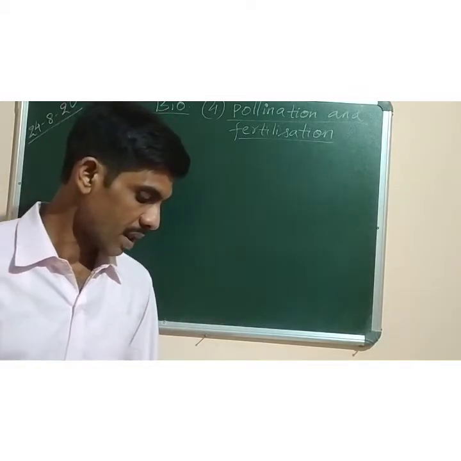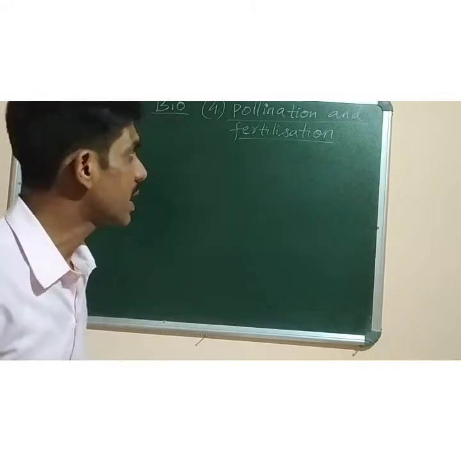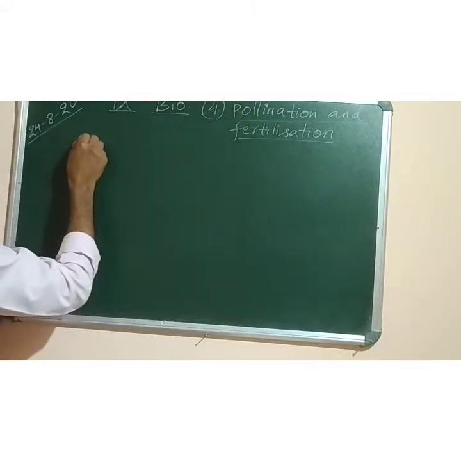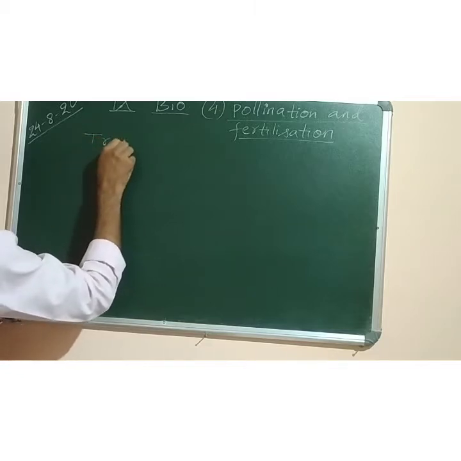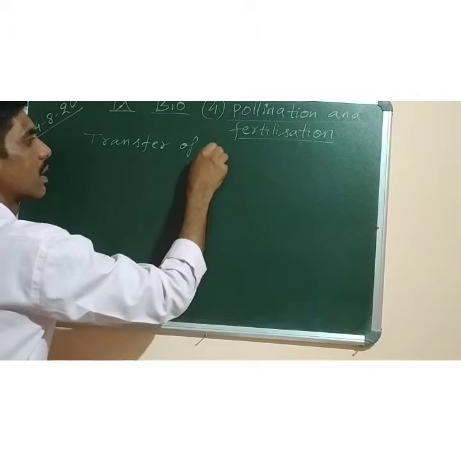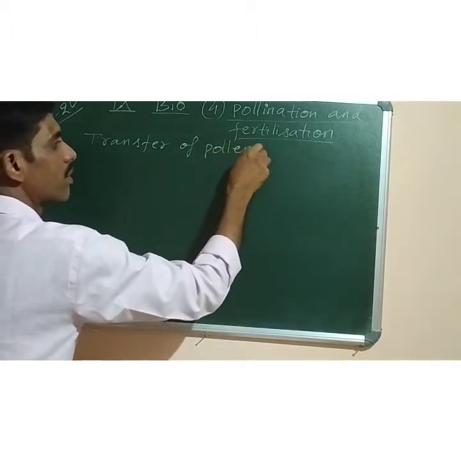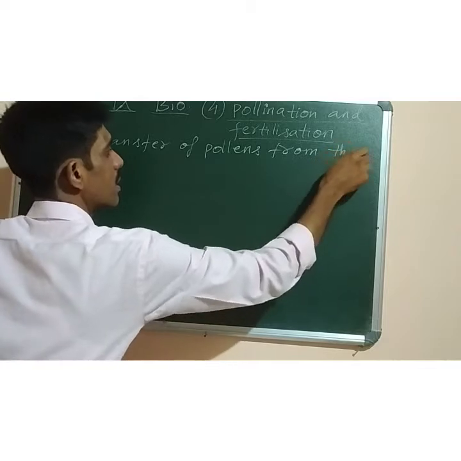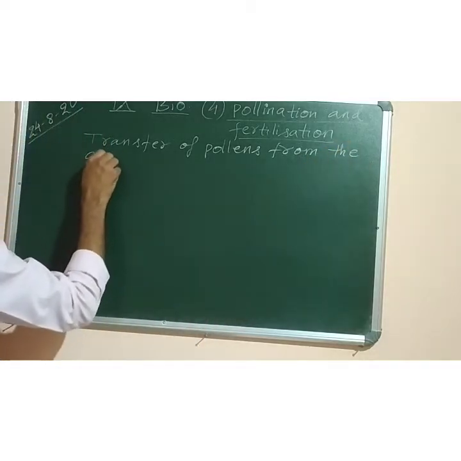Okay. Now next, what are the types of pollination? Before that, the definition: pollination is the transfer of pollens from the anther to the stigma of a flower.